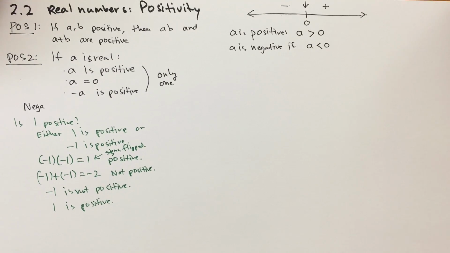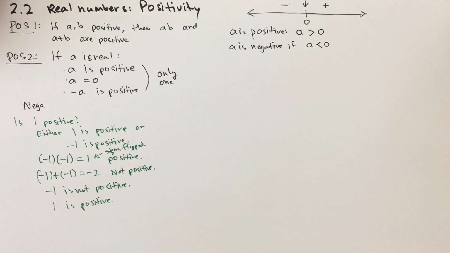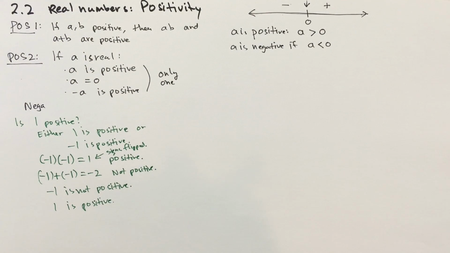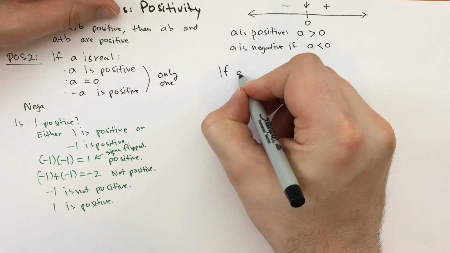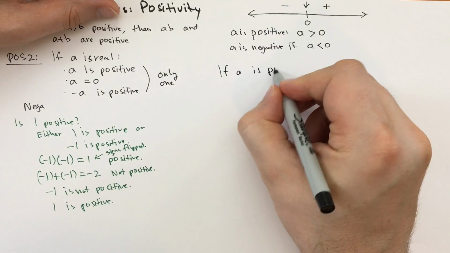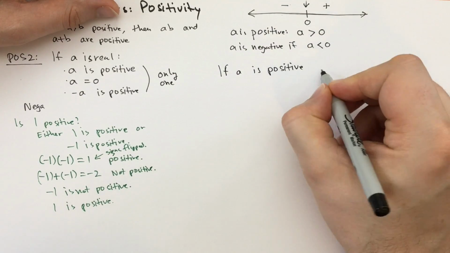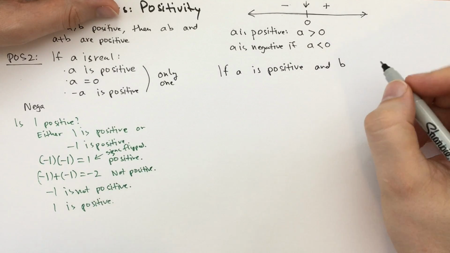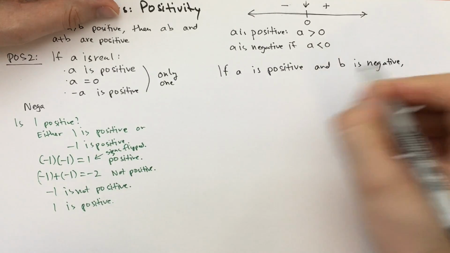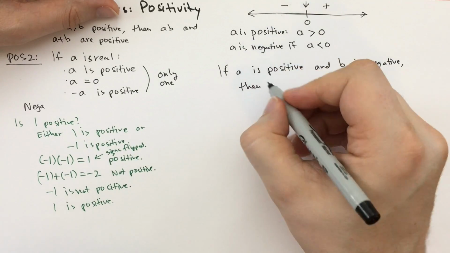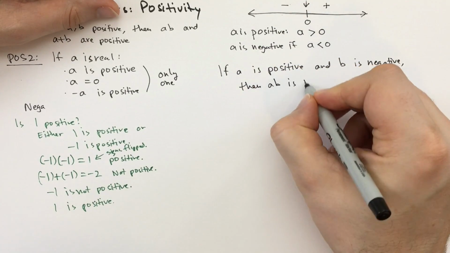Other basic properties of positivity are easily proved and are left as exercises, Exercises 1, 2, and 3. These are the other ones that are exercises for you. If A is positive and B is negative, then AB is negative.